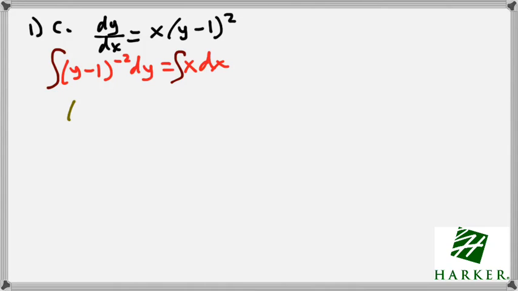So this is going to be (y minus 1) to the negative 1, because negative 2 plus 1 is negative 1, not negative 3, contrary to popular belief, equals x squared over 2 plus c. And I need that plus c. Now the job is to solve for y.